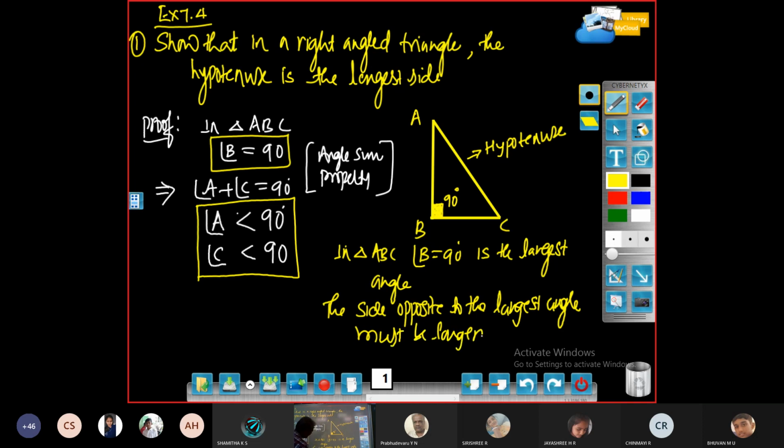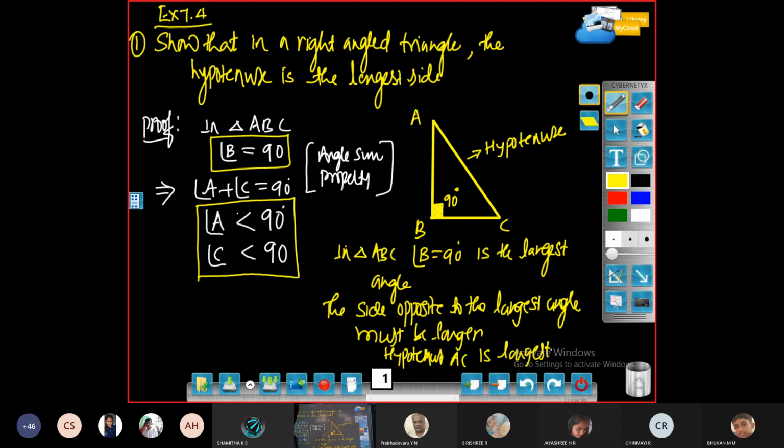So therefore, hypotenuse AC is longest. That must be the longest. Is it clear to all of you?